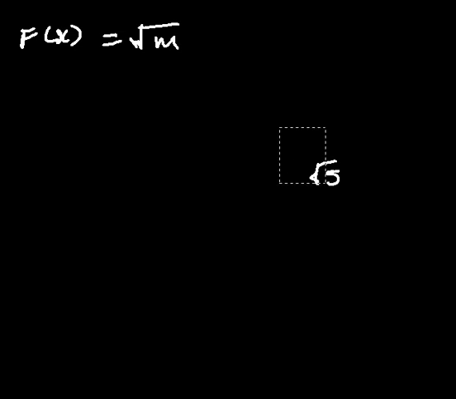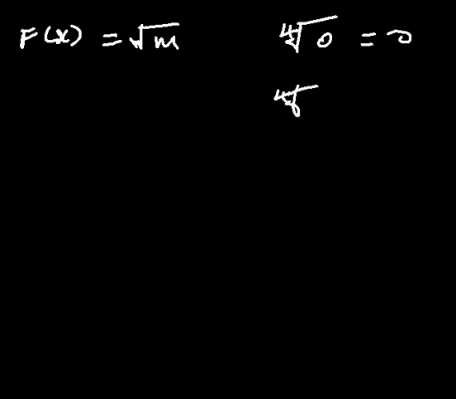In other words, all roots whose index is an even number accommodate inputs of 0 as well as the positive values. For instance, the fourth root of 0 is 0, the fourth root of, let's say, 5 is defined, the eighth root of, let's say, 3 is defined.